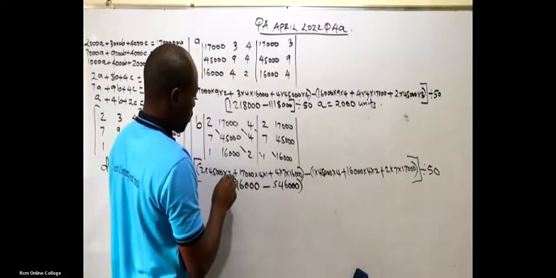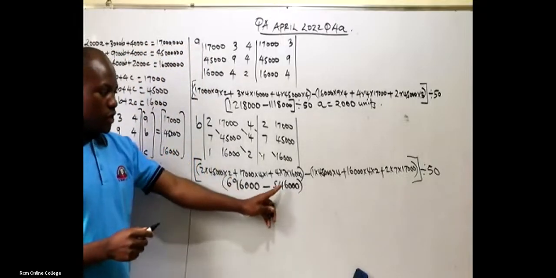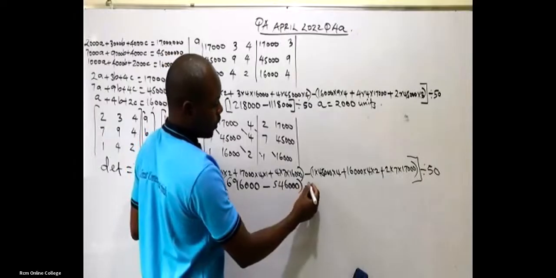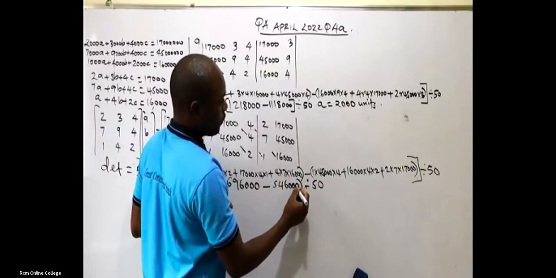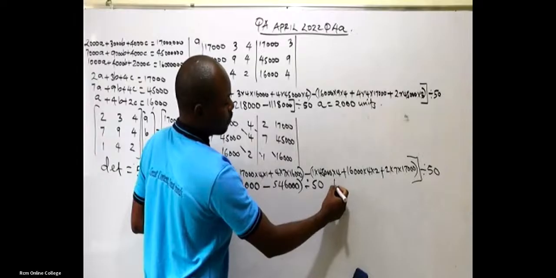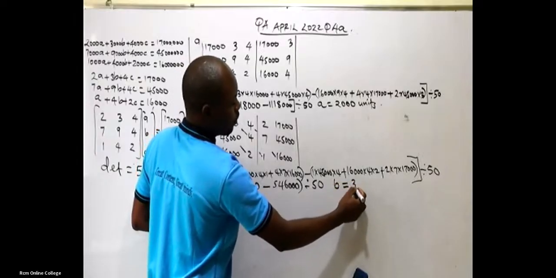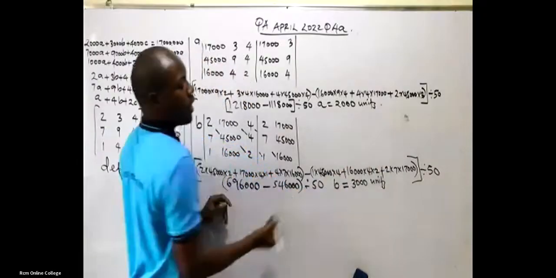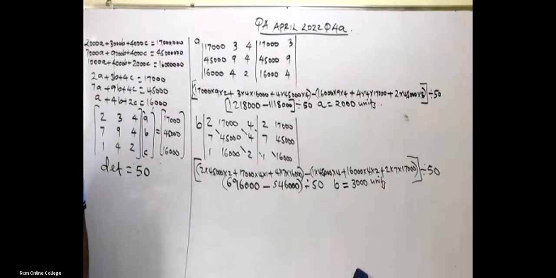So the difference between 696 and 546, should be around 150,000, right? So 150,000 divided by 50 is giving us the value of B as 3,000 units.